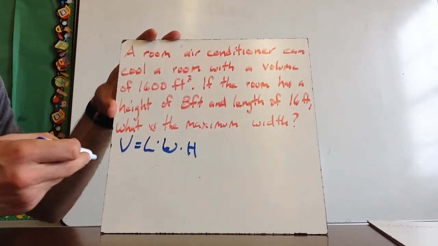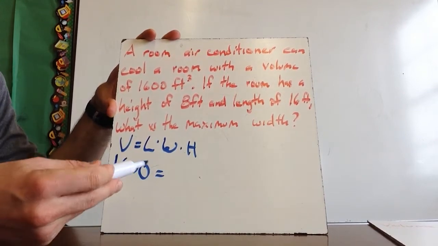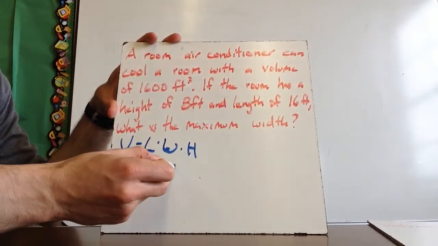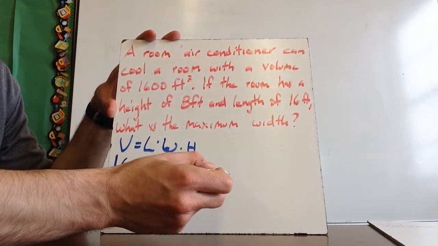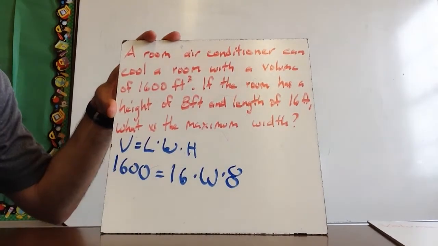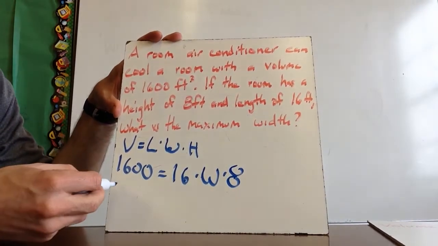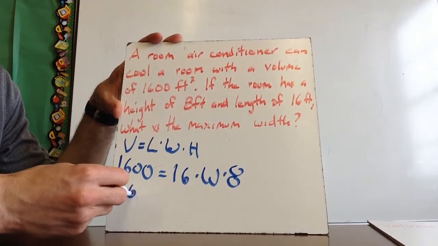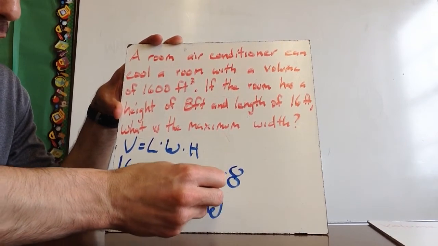I know that the volume is 1,600. I know that the length is 16 feet. I don't know the width, and that's what I'm trying to figure out. And I know the height is 8. So 16 times 8 is going to give me 128, so 1,600 equals 128 times the width.